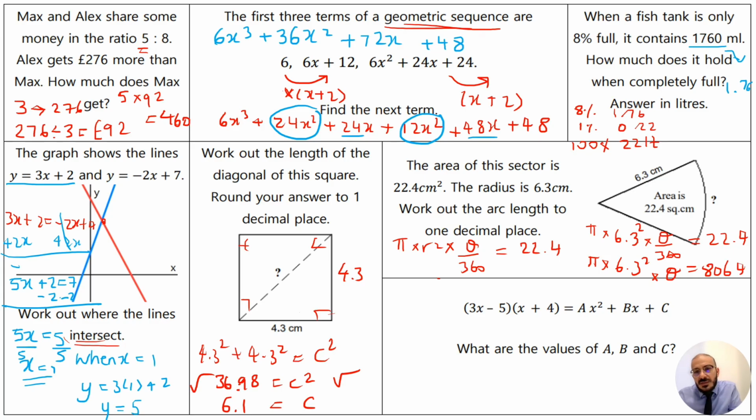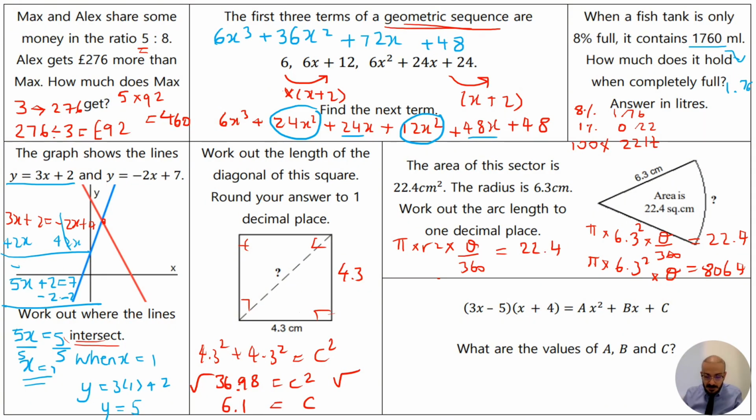Then if I divide both sides by pi times 6.3 squared, I would be able to find out the answer. Let me just quickly do it on my calculator. 6.3 squared. So this divided by pi times 6.3 squared.